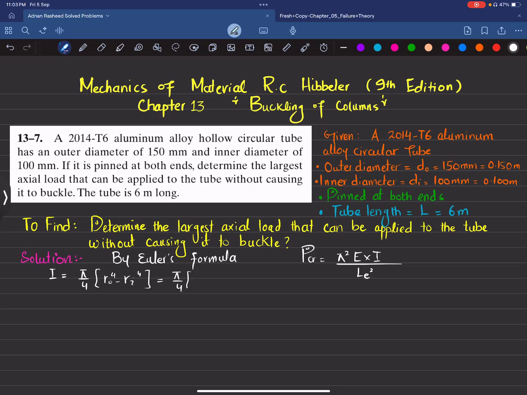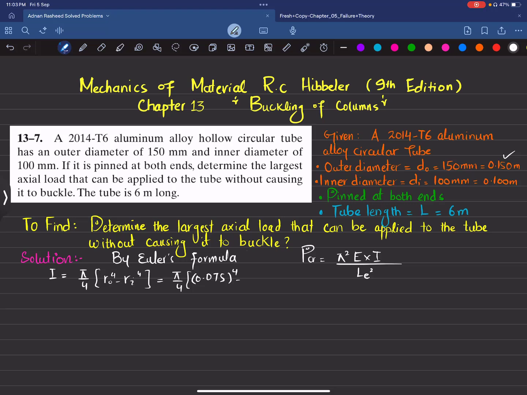What is R outer? R outer is the outer radius. We have been given the outer diameter, 0.150, so diameter divided by 2 will be the outer radius. 0.150 divided by 2 is 0.075. So that is the outer radius power 4 minus the inner radius.